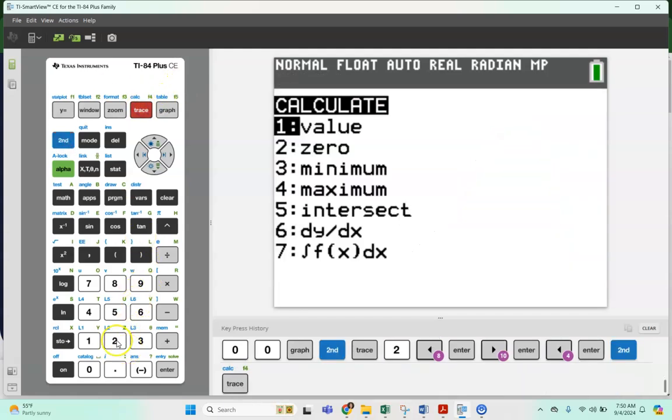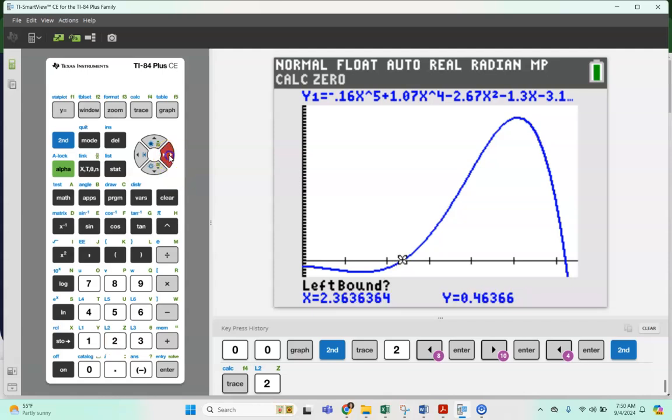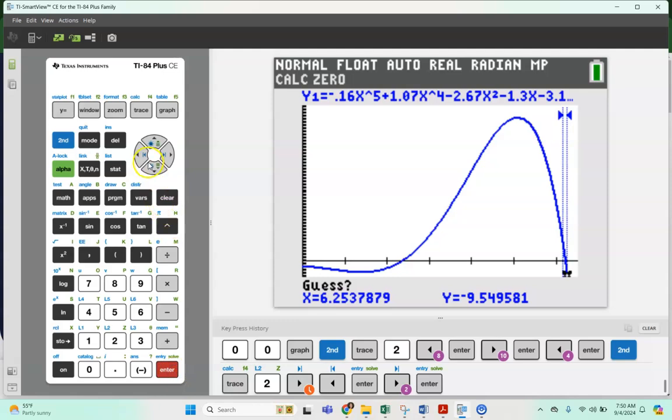I'm looking for zero number 2. But this time I'm going to go to the right side. Hit enter. Right bound. Hit enter. Guess in the middle. So I got x equal to 6.207.